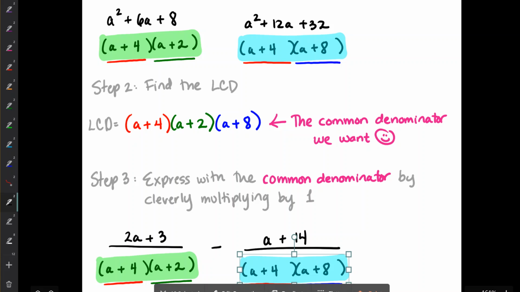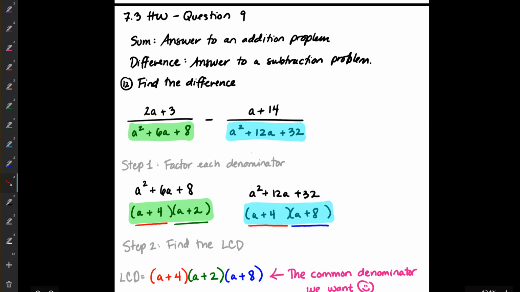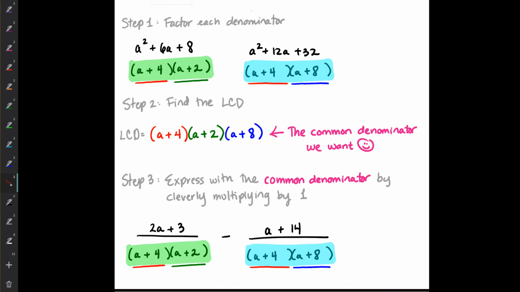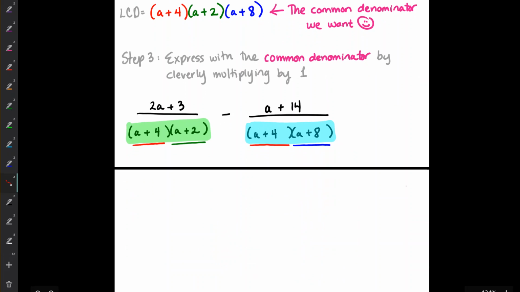With a lot of practice, you probably won't write all this scratch work out. You'll just go from right here and factor each denominator. Okay, so when I look at this denominator, it's missing the blue a plus 8 factor. And when I look at this denominator, it's missing the green a plus 2 factor. So that gives me some insight into the versions of 1 that we want to multiply each fraction by.